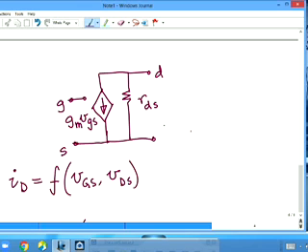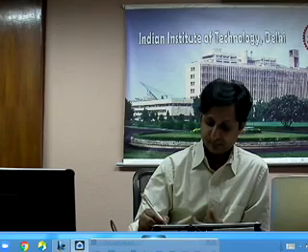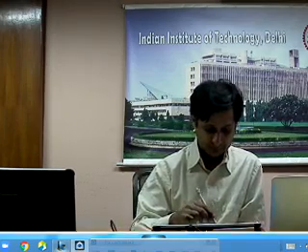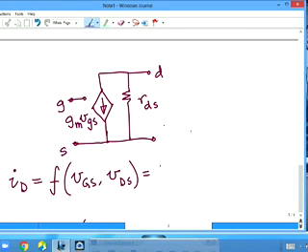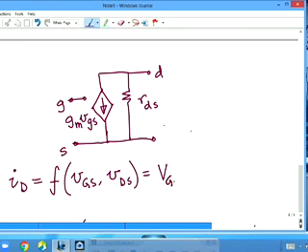We don't know what the function is. This function is the topic of a PhD. It's a function of VGS and VDS. And this function, using Taylor series, you can write as such.